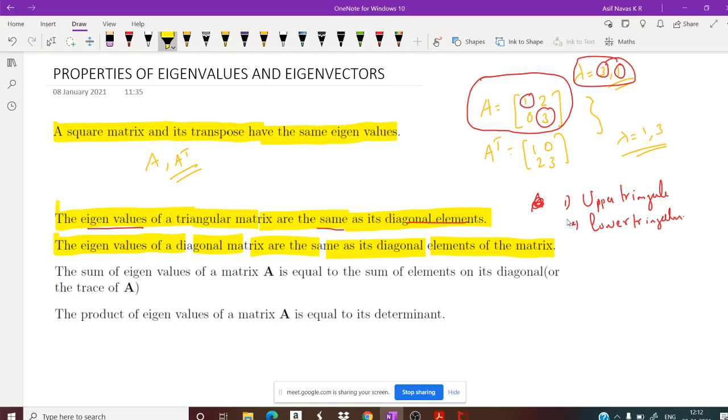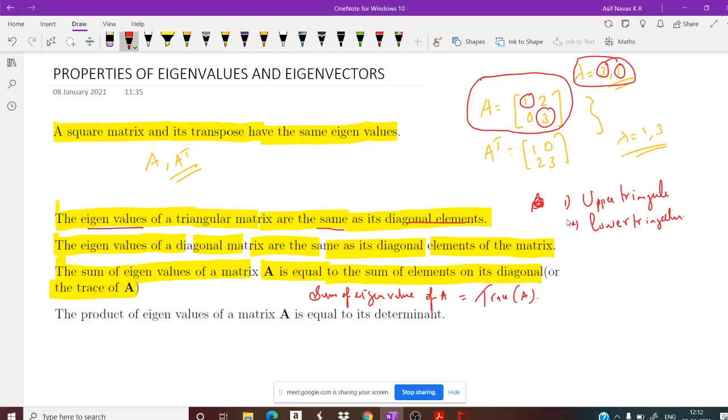Now there is a very important property: the sum of eigenvalues of A is equal to the sum of the diagonal elements, that means the trace of A. Check here.